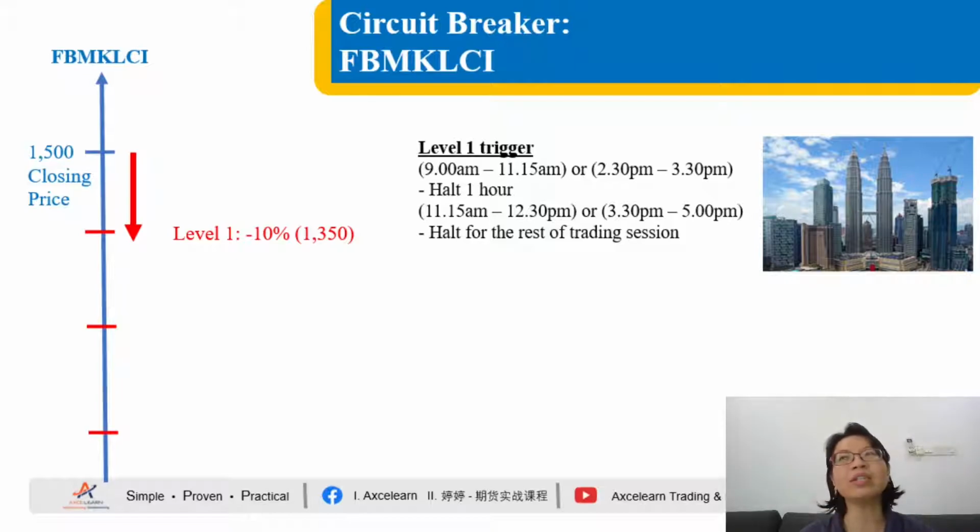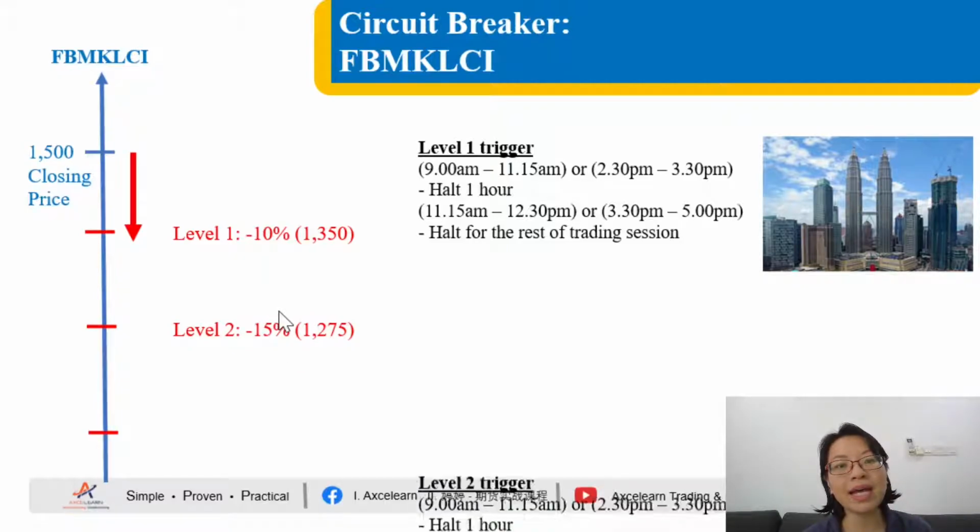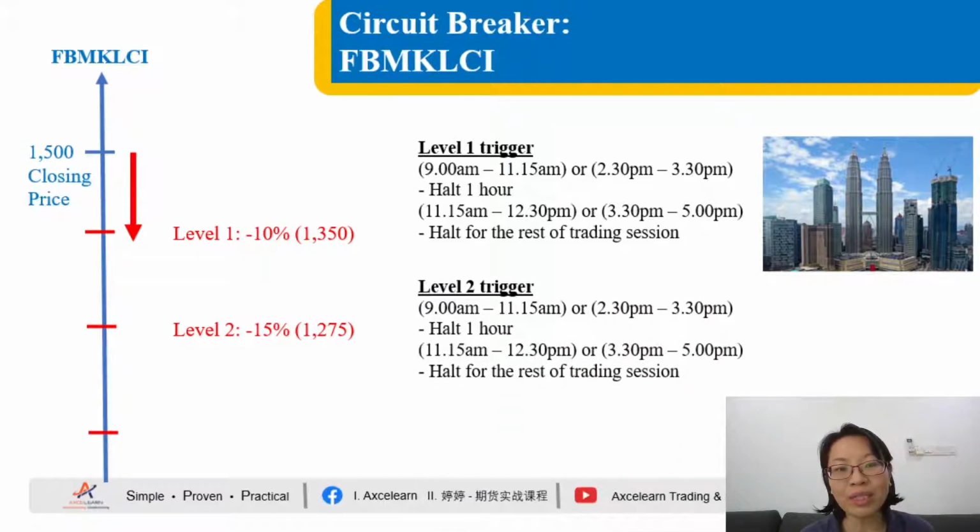What happened in 2008 is, on Monday itself, we gapped down about 8% plus. Then we traded all the way down to 10%, and it triggered the circuit breaker. We halted at 10%. Then in the second half, from this 10%, it will increase to 15%. Can you see that? From 10%, they'll increase to 15%. And if this level is triggered within 9 to 11:15 or 2:30 to 3:30, it will halt for 1 hour, the same.